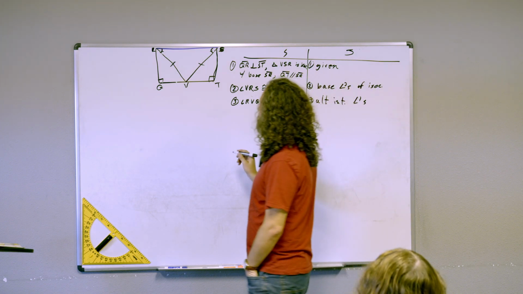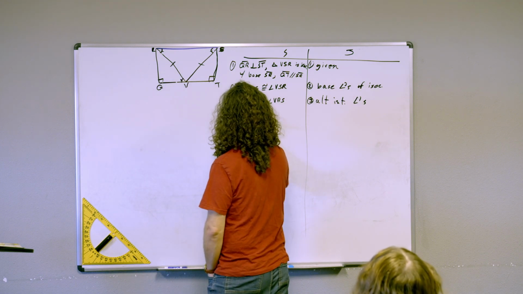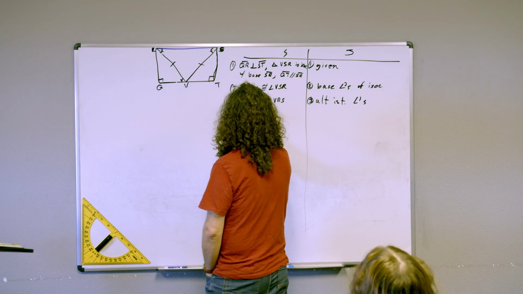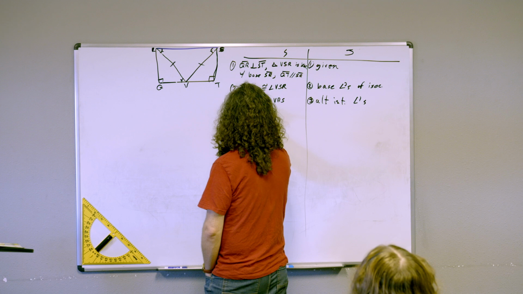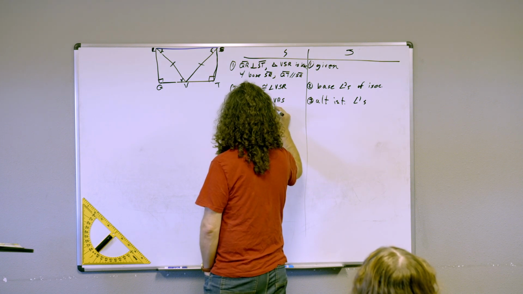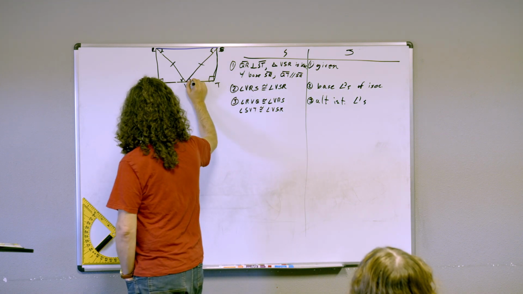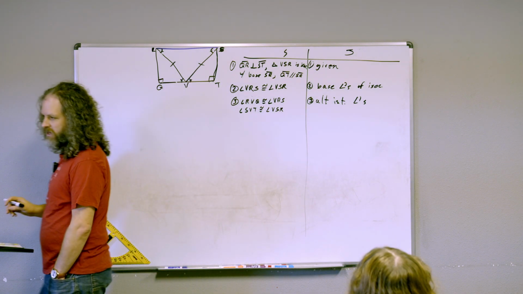And then the same justification gives us angle SVT is congruent to angle VSR. Same justification. Got all kinds of congruent stuff.